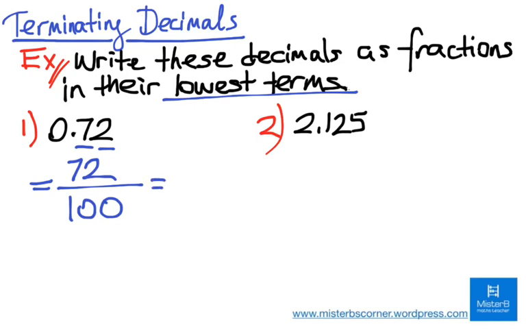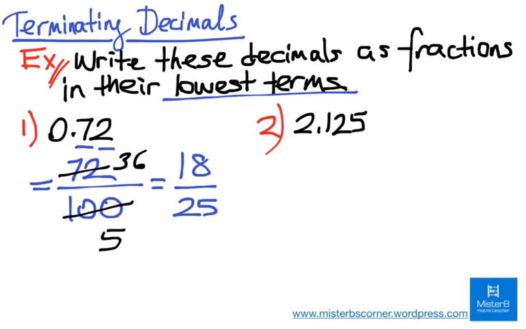Then I'm going to key this into my calculator and find out that the simplest form would be 18 over 25. Or alternatively, you can just say I'll divide this by 2 to get 36, and this by 2 to get 50, and then you can divide 36 by 2 to get 18, and 50 divided by 2 will give you 25. So you can do these mentally.